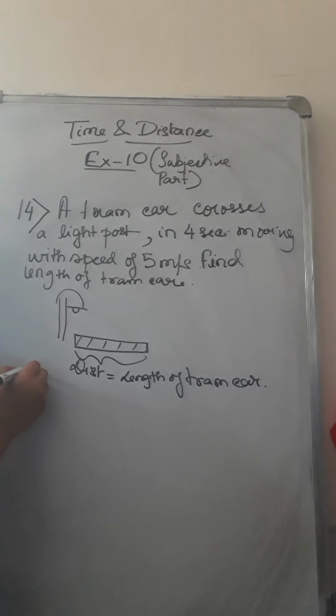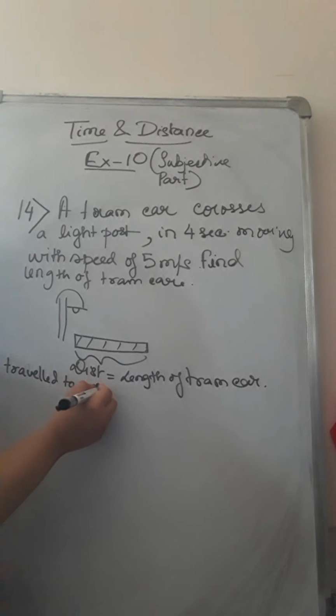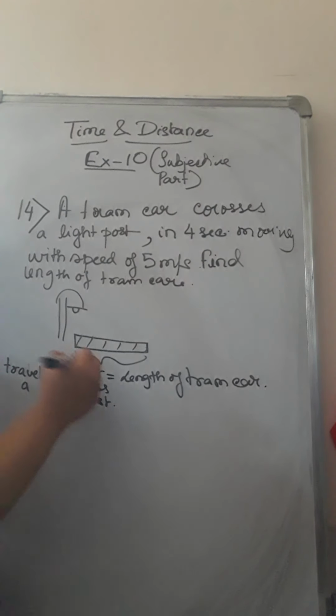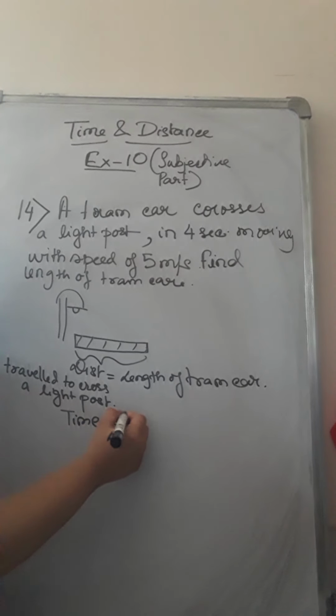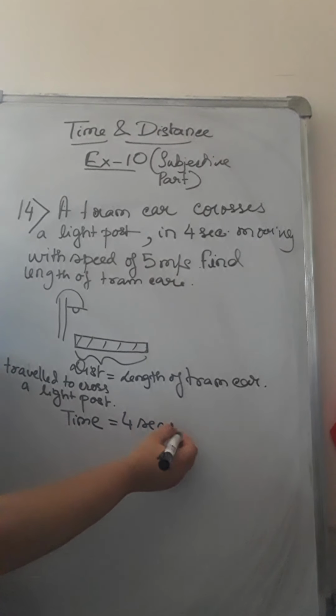So distance travelled, that will be your first statement, distance travelled to cross a light post, and you should remember it is a standing object, so the distance covered will be equal to the length of the tram car. The time taken to cross, so for this tram car to entirely cross this light post, the time taken is equal to 4 seconds.